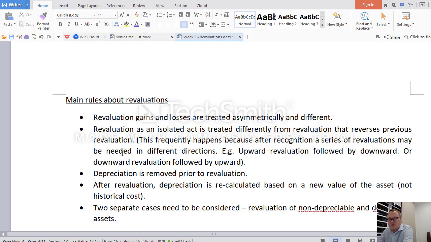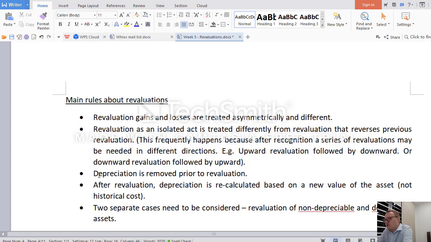You first did a downward revaluation, and after that you do an upward revaluation that partly or fully offsets the previous downward revaluation. It's the same here, partly or fully. And the rules would be different.